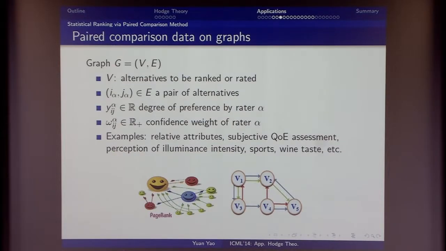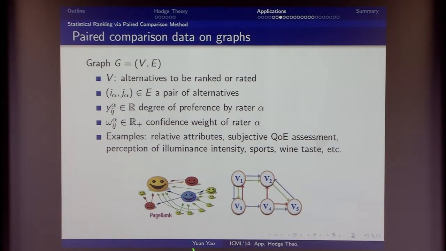So all this kind of data gives you this kind of abstract problem. You are given a graph with a vertex set, those alternatives to be ranked or compared, and the edge set consists of a large number of pairwise comparisons, and different people may vote on different pairs, shown here in different colors.